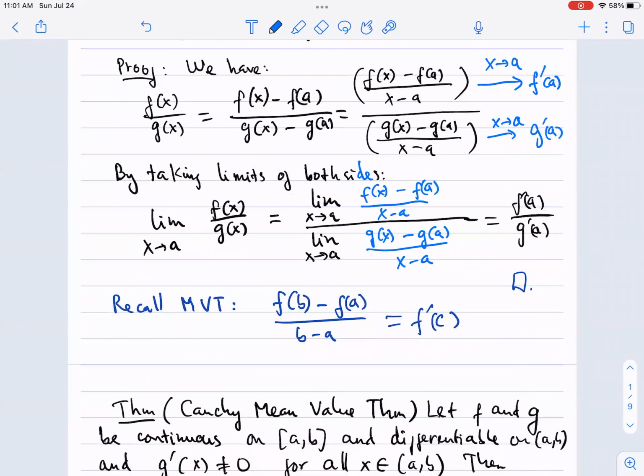Now the limit of the numerator is f prime of a. The limit of the denominator is g prime of a.